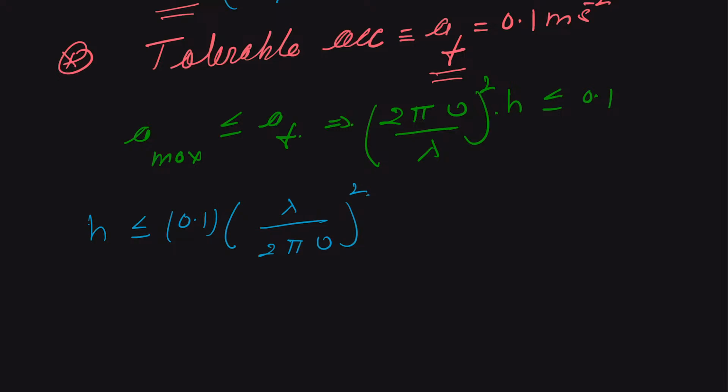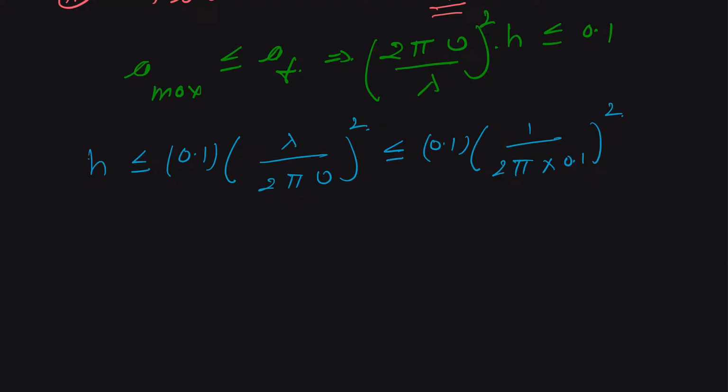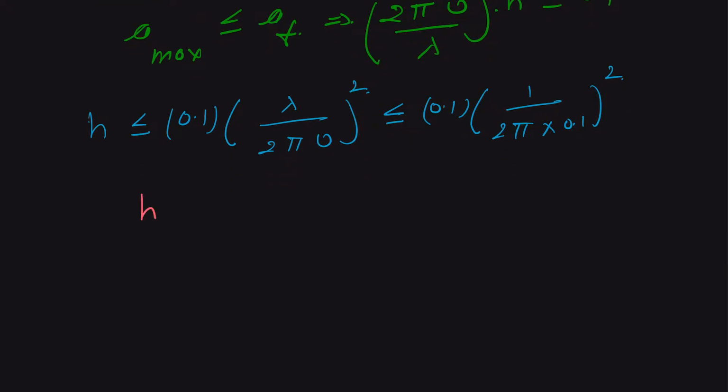And the velocity we already know, so we can just substitute it. So we get h less than or equal to 0.1 times 1 upon 2 pi times the velocity, which is also 0.1, whole square. So from here we get that h is approximately 0.25 meters.